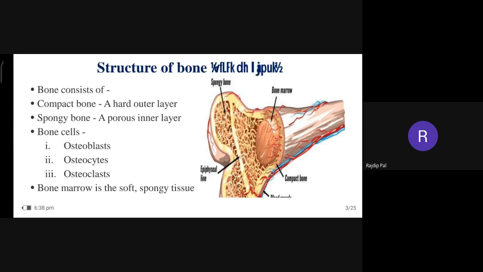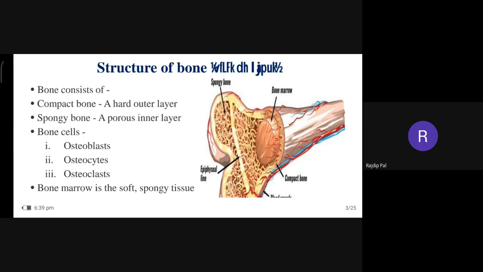You can see here in the picture, inside the outer layer, there is a spongy type of a porous structure, which is having so many pores inside it. So this part of bone is known as spongy bone. It is porous, means different pores are present in this part, like a sponge only.